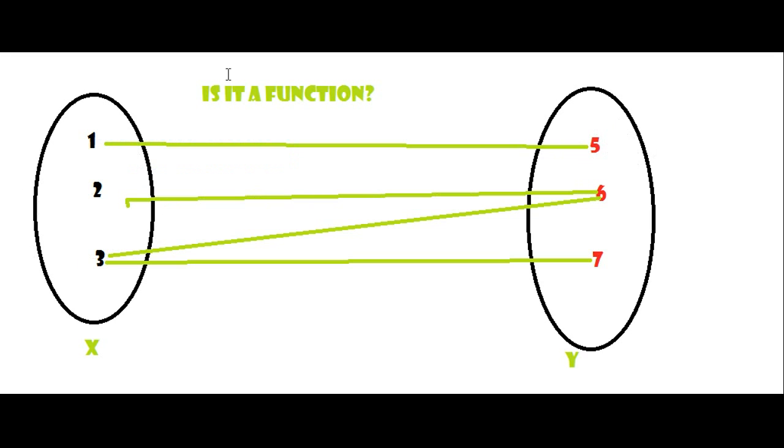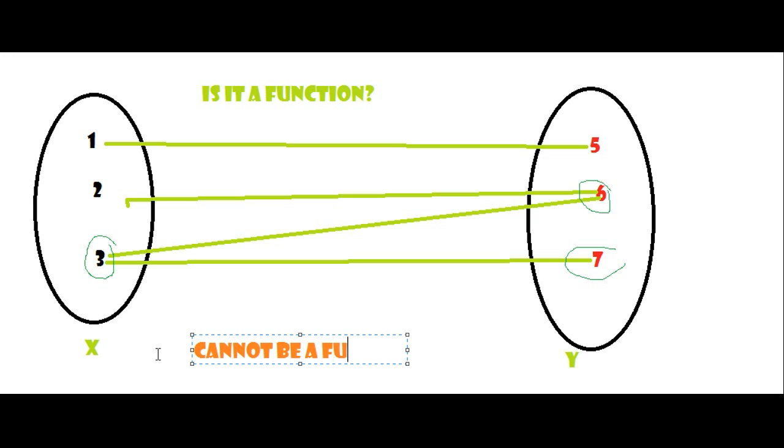But in the case of 3, 3 is associated with 6 and also with 7, so it is associated with more than one element of y, thus it cannot be a function.